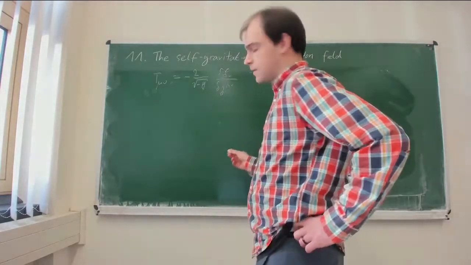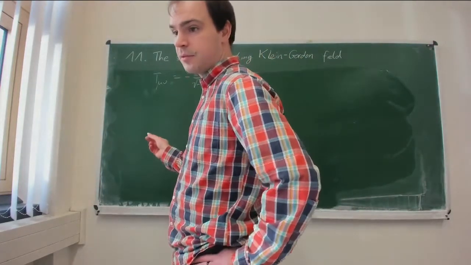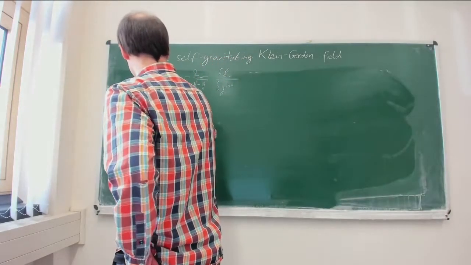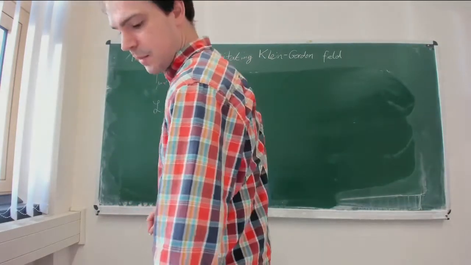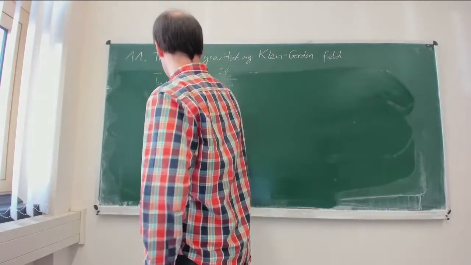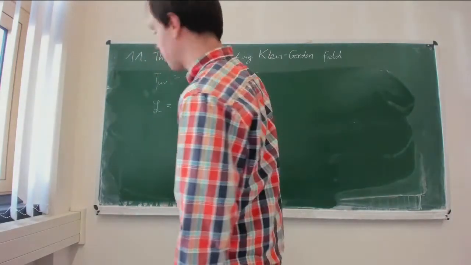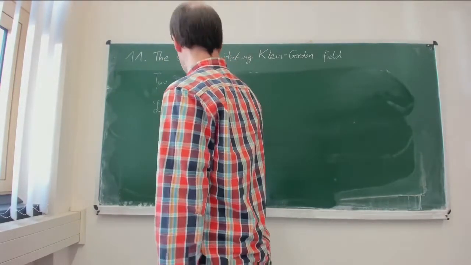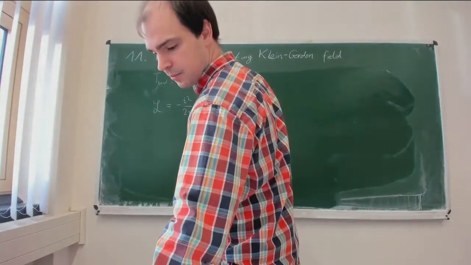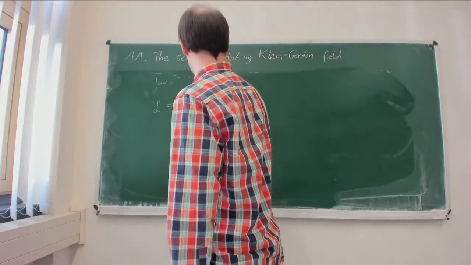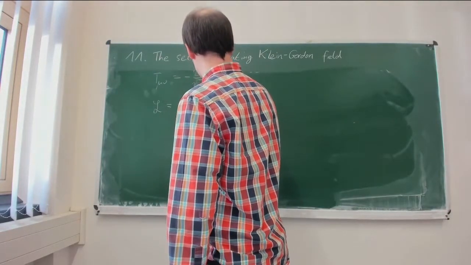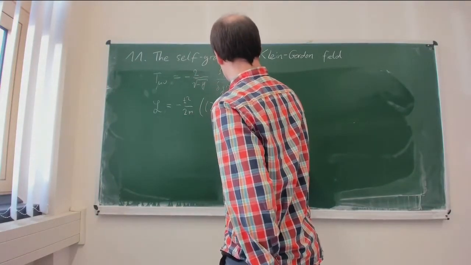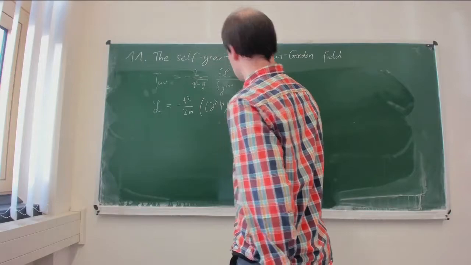So now we need the Lagrange density for our Klein-Gordon field, and this is minus h bar squared divided by 2m, and then we have the derivatives d lambda phi star.